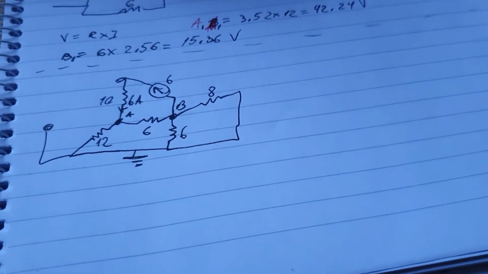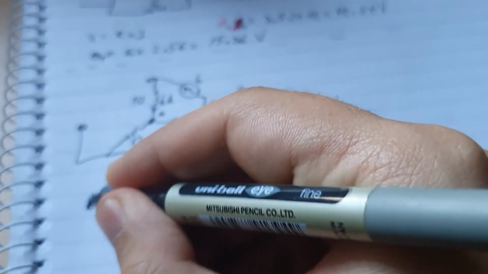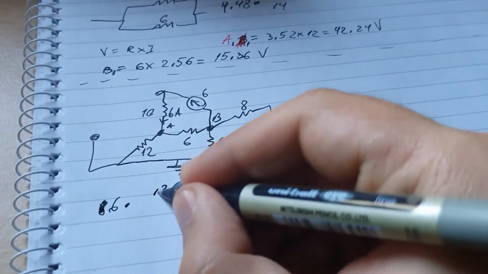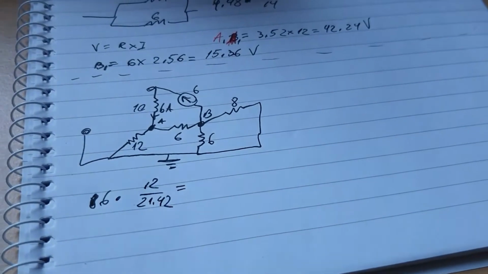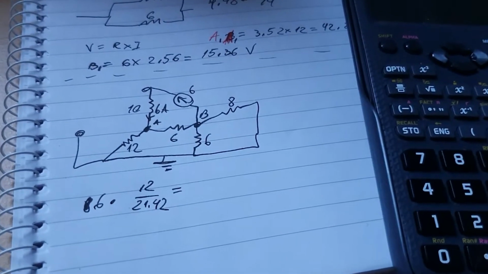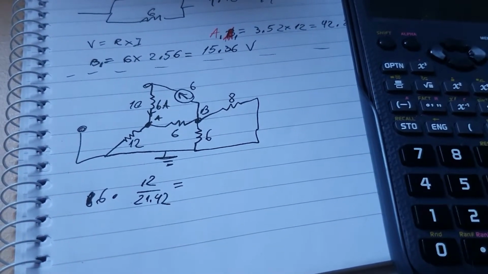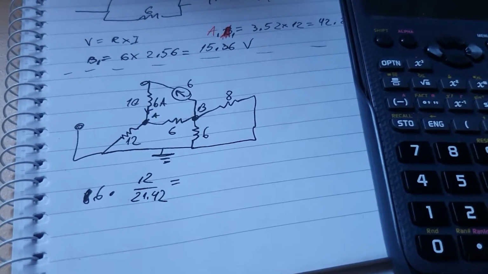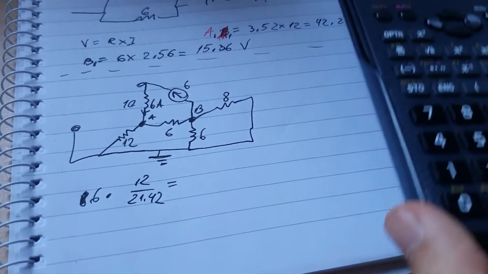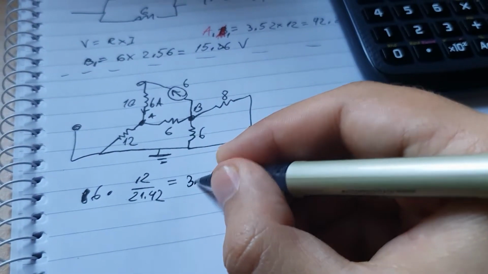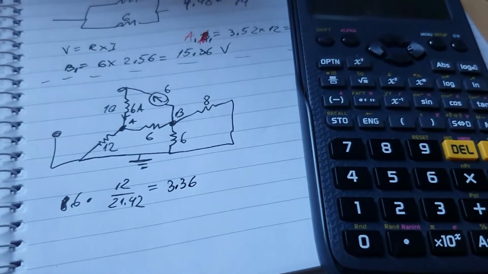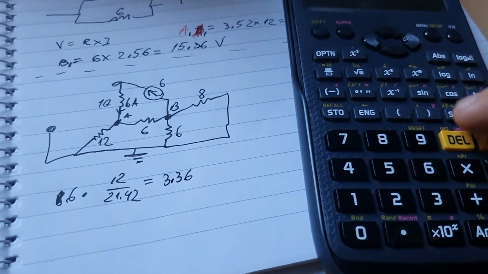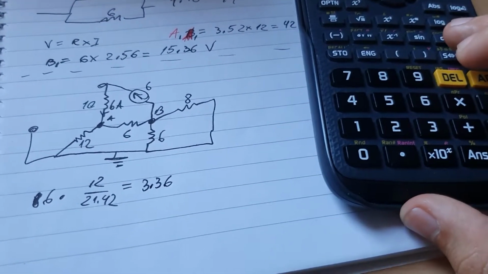Yeah, it does. So it will be, no, not 8, 6 times 12 over 21.42, which will give us 3.36, and then we do 6 minus the answer, so we don't need to calculate again, that'll be 2.64.